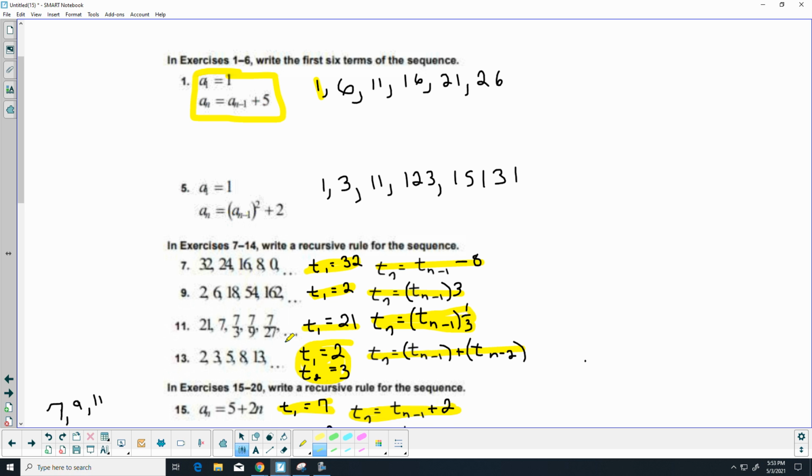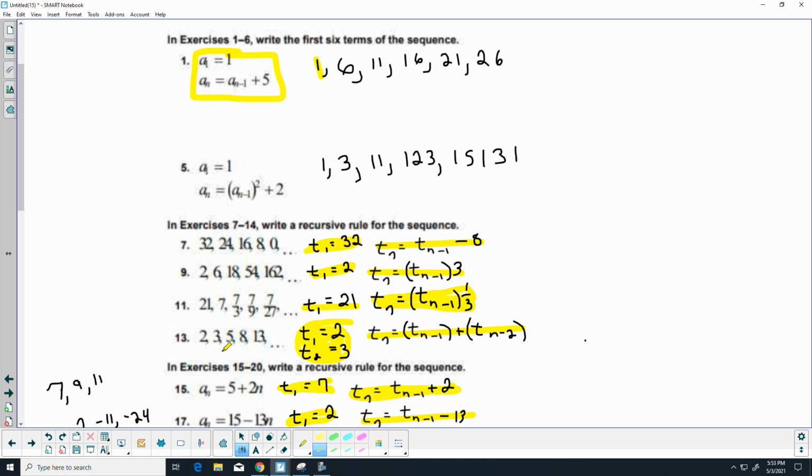Number 13 was probably the challenge problem on here, because to get this one, it's really neither arithmetic or geometric. 2 plus 3 gives me 5, 3 plus 5 gives me 8, 5 plus 8 gives me 13. The next one would be 21. So on this one, I actually have to list the first two terms.